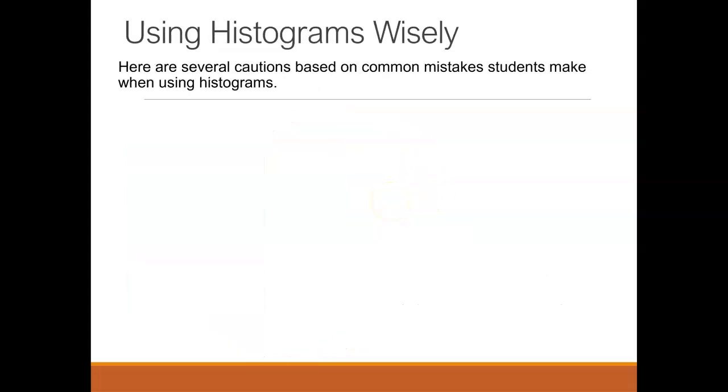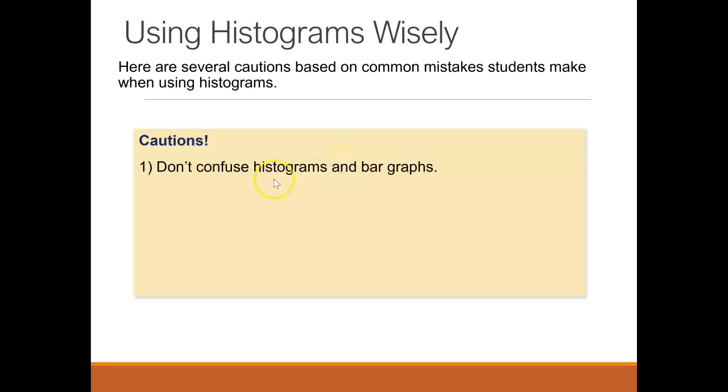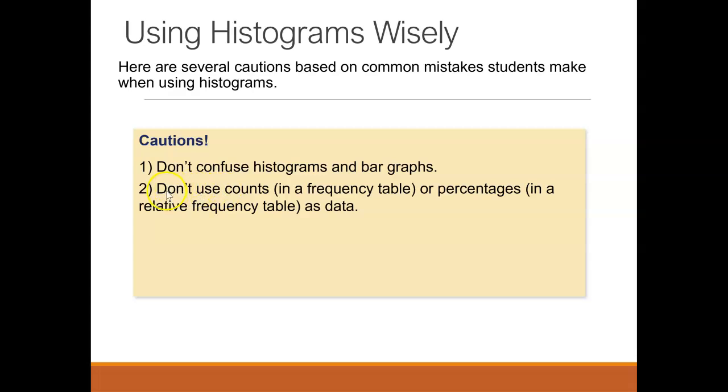All right, common mistakes. Watch out. Don't confuse a histogram and a bar chart or a bar graph. They are different. Don't use the counts or percentages as data. What do I mean by that?